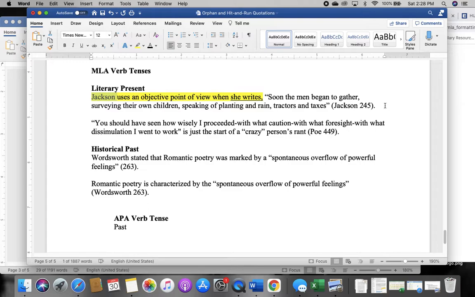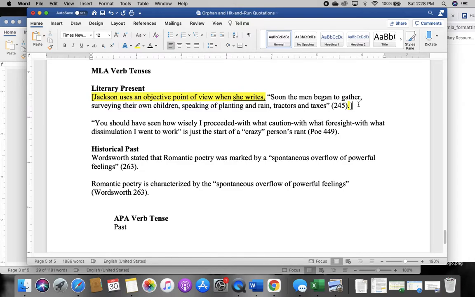So this person is oversighting because they have Jackson in the signpost and then they have Jackson again in the in-text citation. Jackson is actually not needed here because the reason the period comes after the in-text citation is this whole thing is considered like one whole entity, like if I could bracket it.